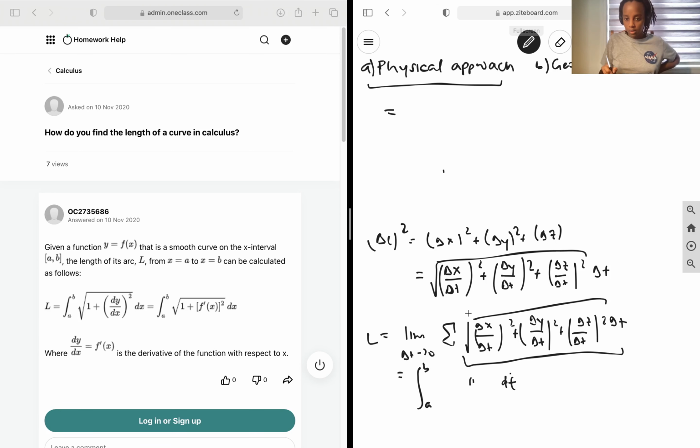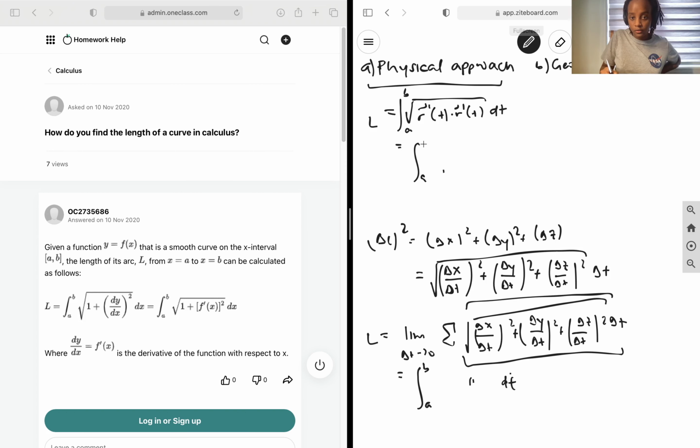So what is inside of the square root is the exact same thing as the square root of r prime t dot r prime t dt. So this is going to be the same thing as from a to b dt. And so this is the same answer that we had before.